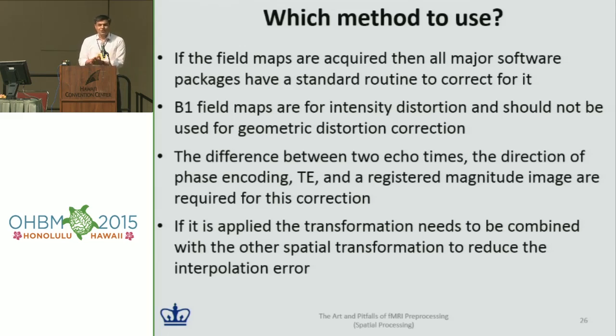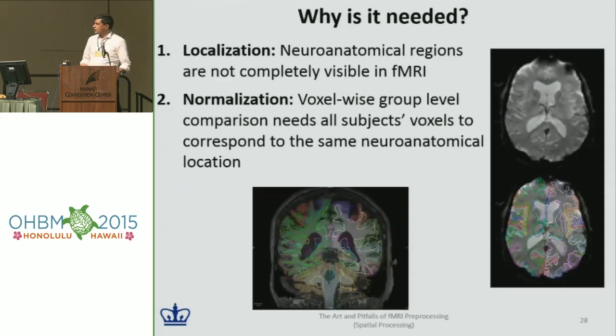If it gets worse, you're doing something wrong. Right? So you have to check it and make sure that you're doing it correctly. And after correction, the registration performs a better fit between your functional data and your structural data. Does it make sense? So that's my quick explanation of spatial distortion.